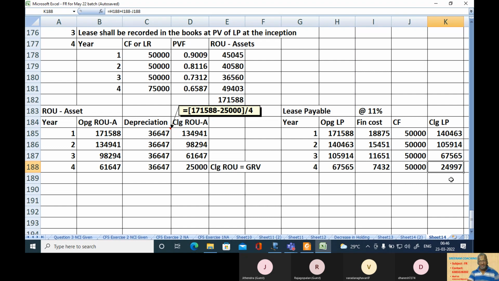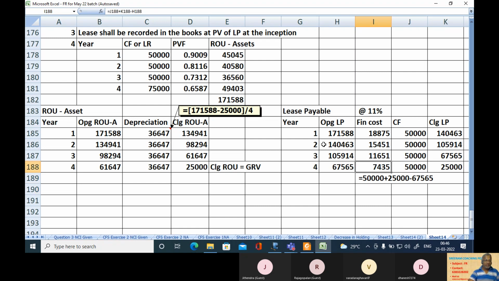No, 3 rupees less. So therefore, I will make this as 25,000. This as 50,000. This is nothing but the sum of the next two columns where I will be deducting the opening balance. So here I made the change. So it is 50,000 plus 23,000 minus 67,565. Thereby I am just getting this as the balancing figure.